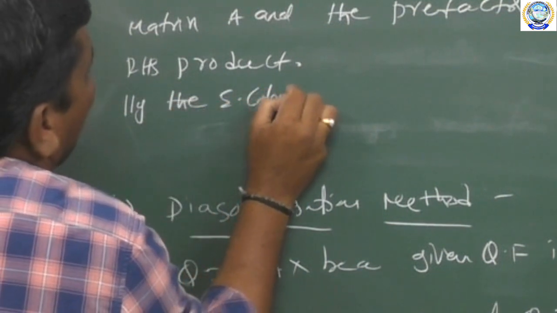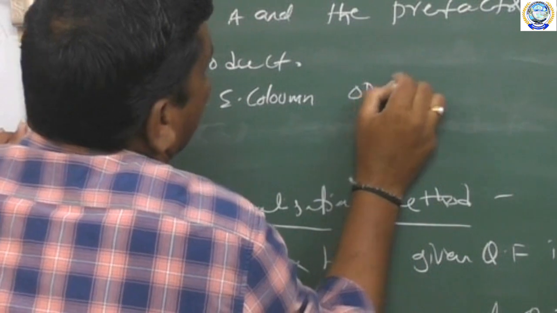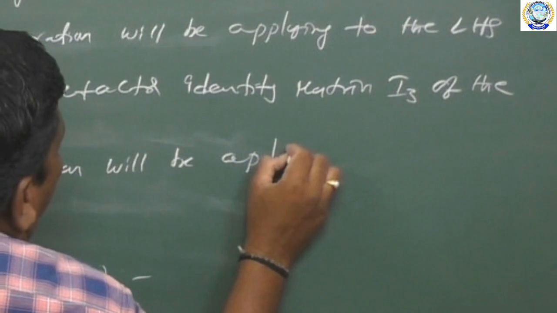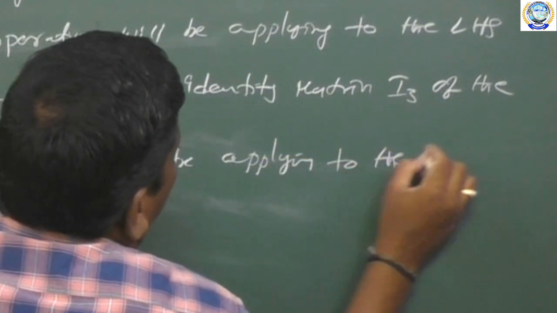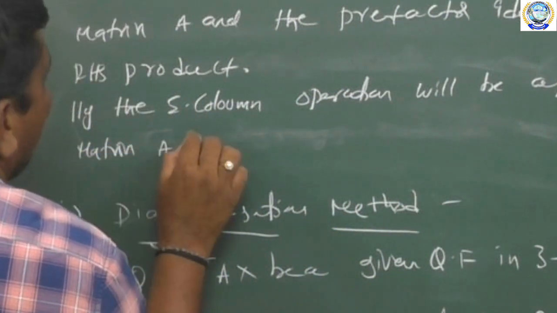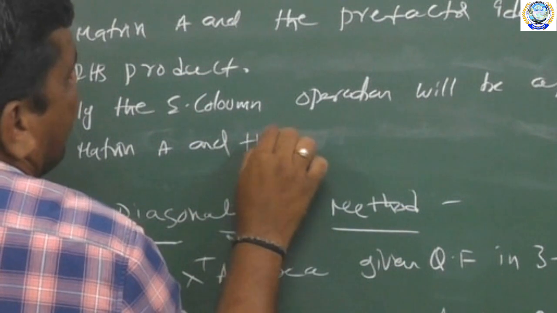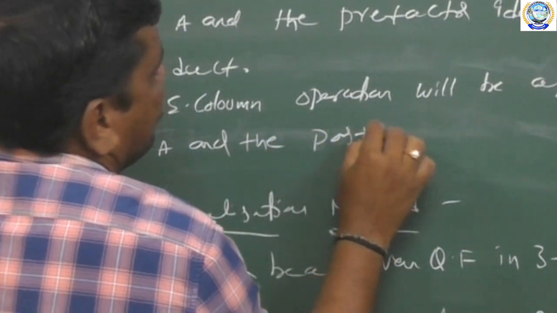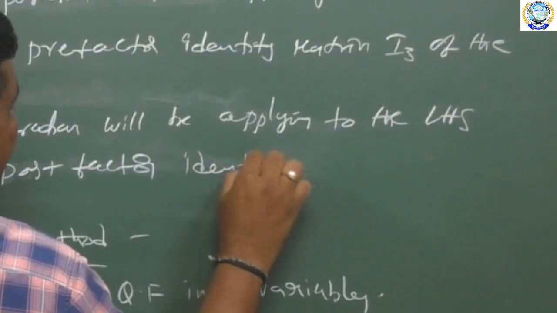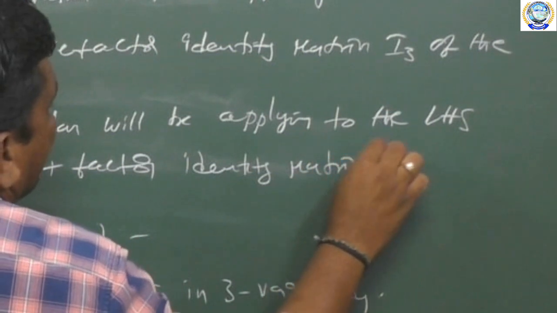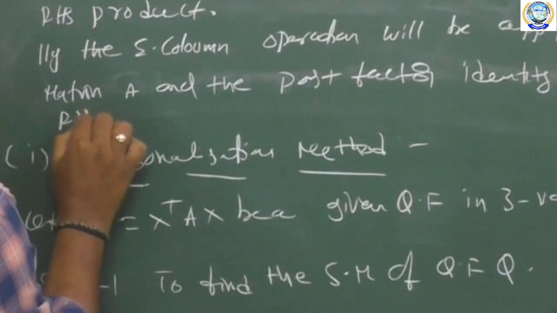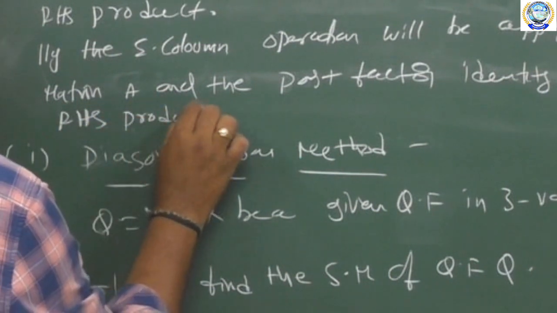Similarly, the elementary column operations will be applied to the LHS matrix, capital A, and the post factor identity matrix I3 of the RHS product.